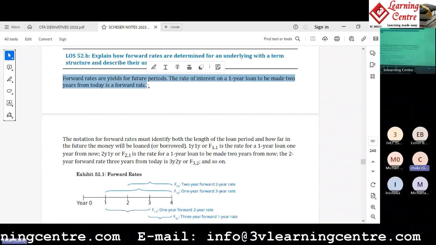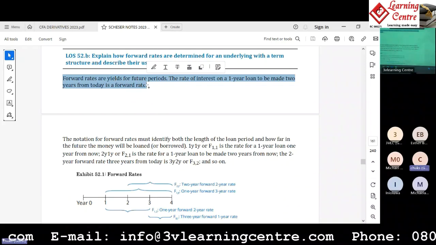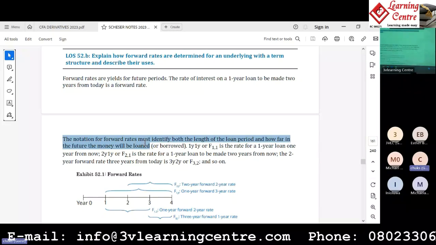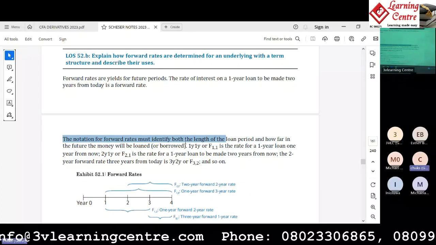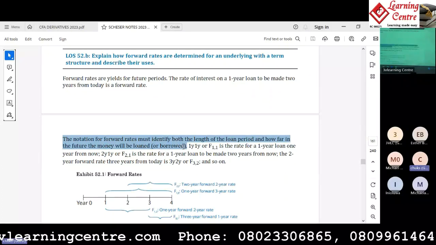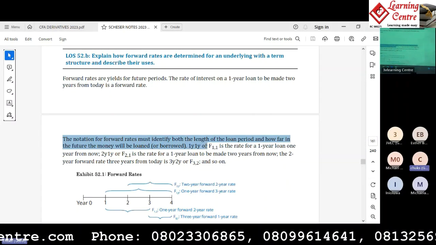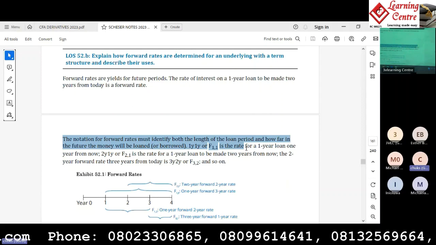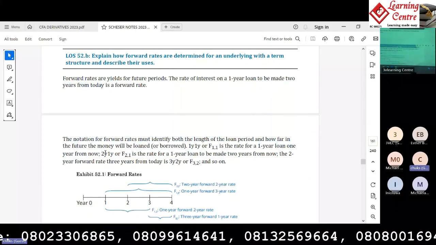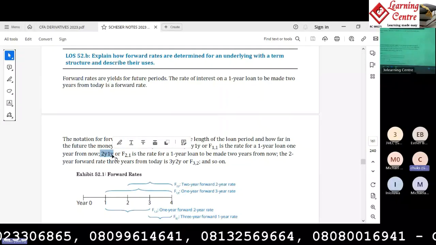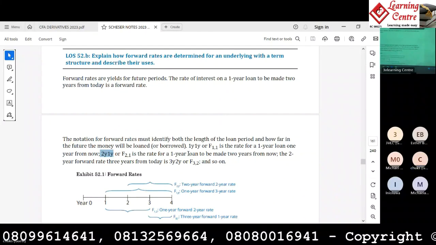The notation for forward rates must identify both the length of the loan and how far in the future the loan will be borrowed. So a 1-year loan 1 year from now, and a 2-year 1-year is a 1-year loan to be made 2 years from now.